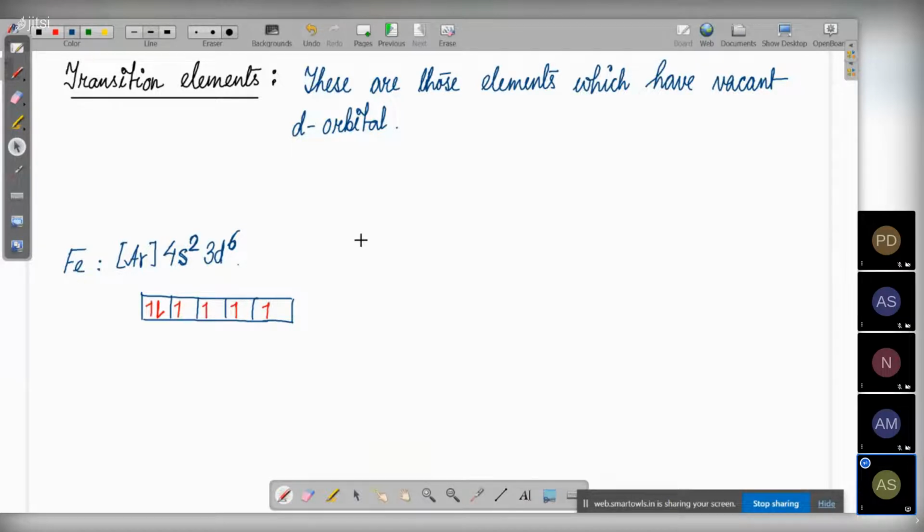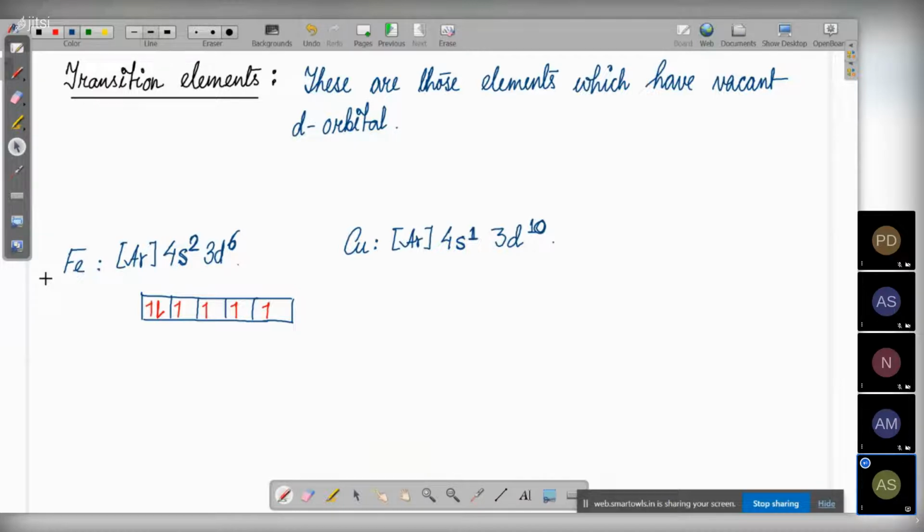Okay. Now let's see copper. What is the electronic configuration of copper? That is argon, 4s1, 3d10. D orbitals can hold a maximum of 10 electrons, and copper has the configuration 3d10.